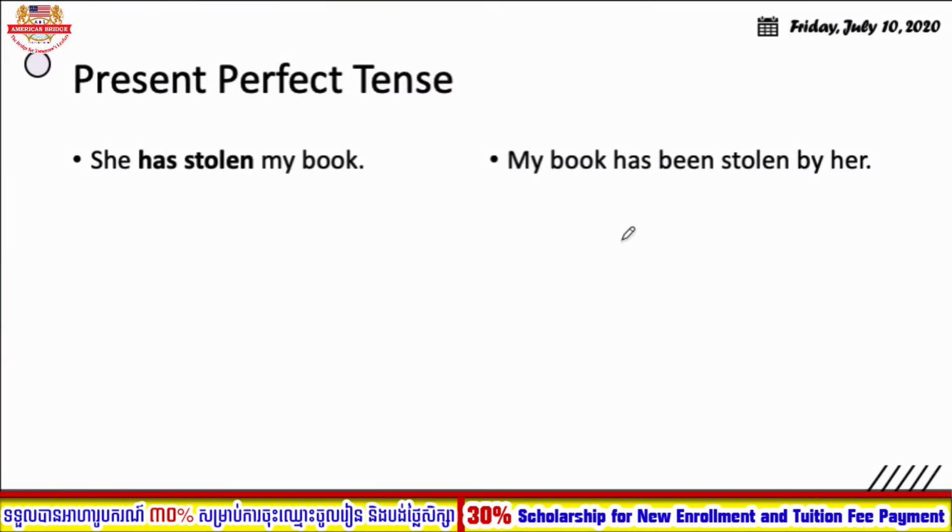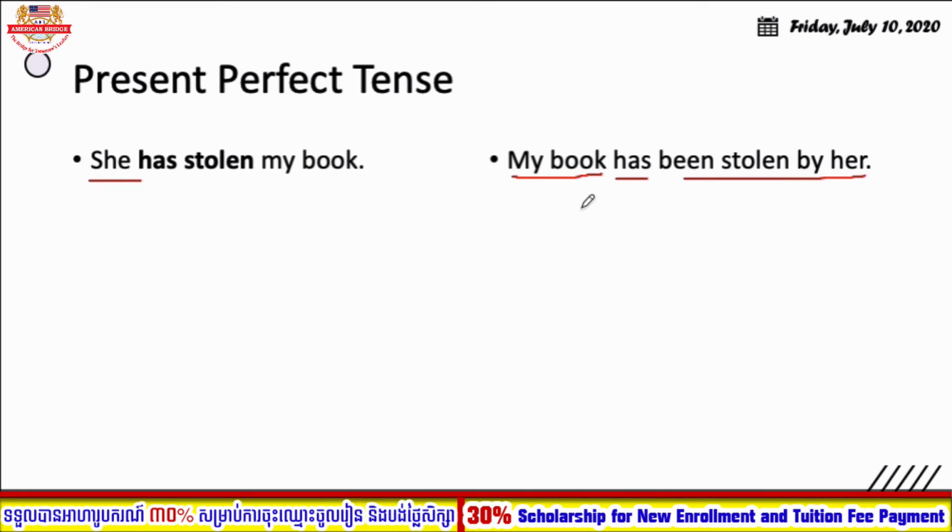Another example that we use in the other tense, which is present perfect tense. So she has stolen my book, which is the active form because the subject performed the action. And when we change to the passive form, my book, which originally is the object of the sentence, becomes the subject of the passive form, has been stolen by her.